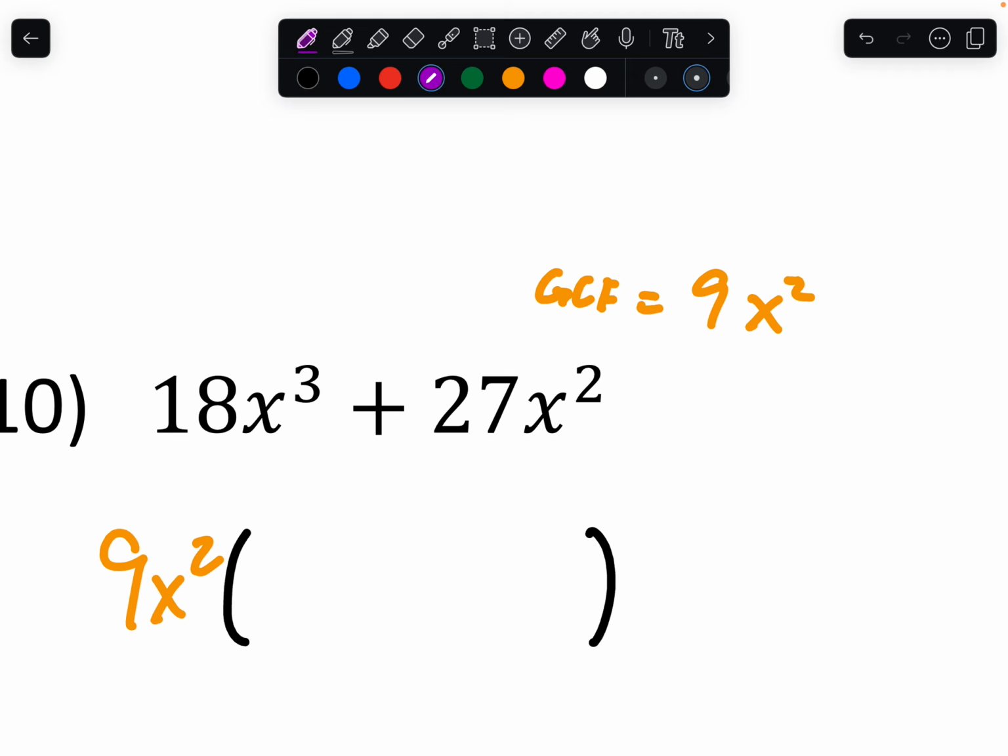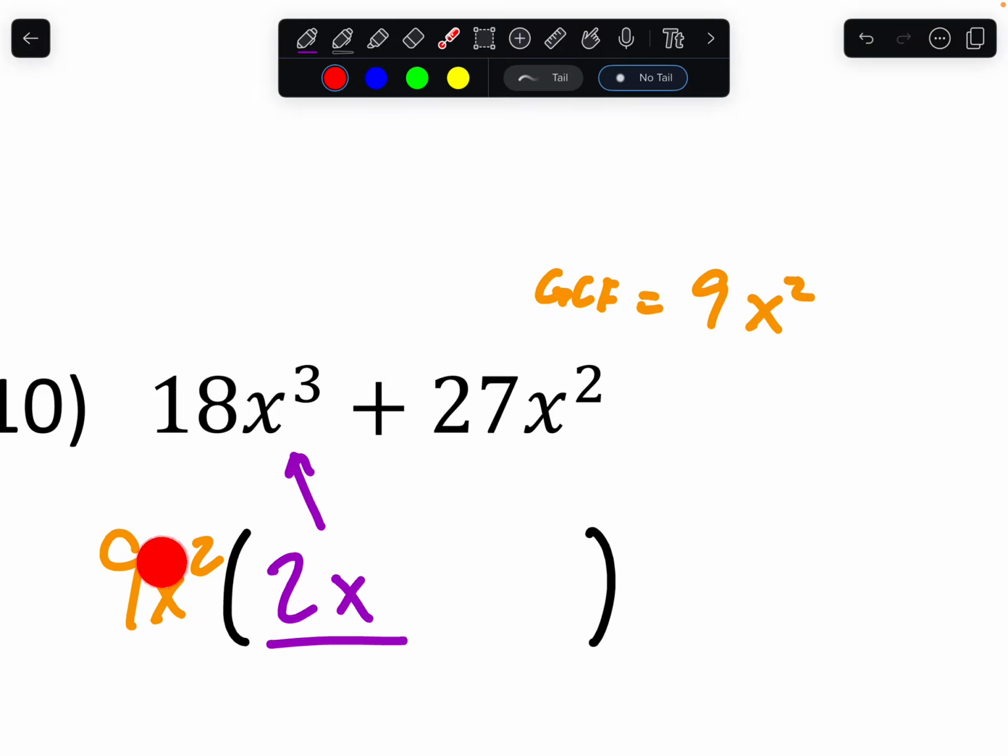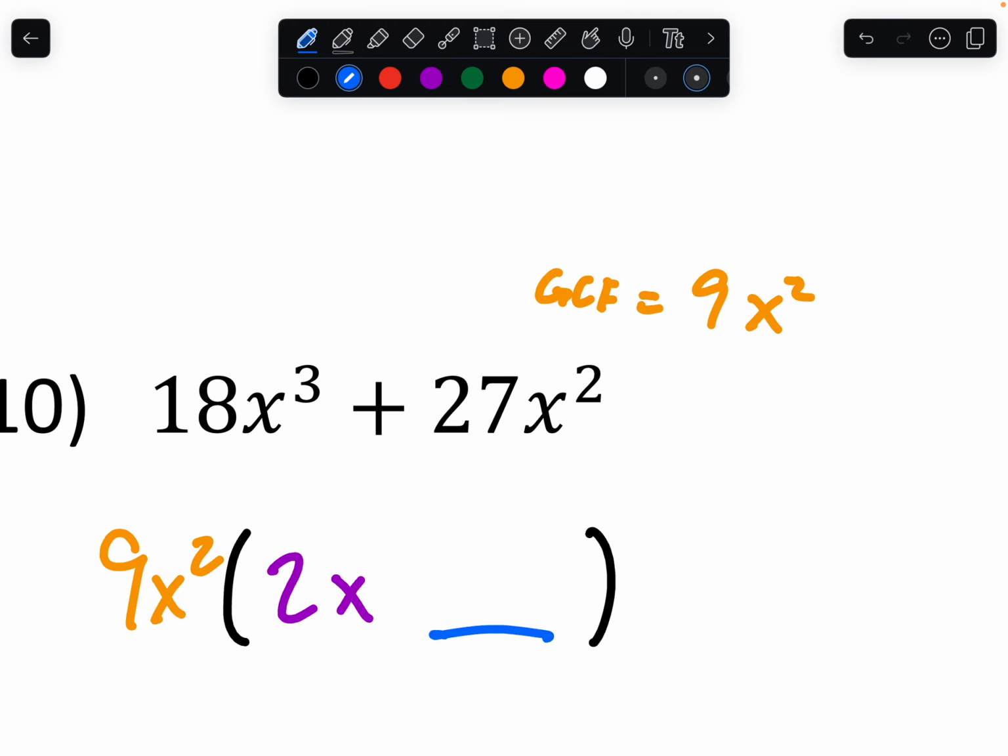So again, a different way to think about it, 9x squared times what gives me 18x cubed. 9 times 2 would be 18, and x times x squared would be x cubed. This times this is that. And then 9x squared times what would give me 27x squared.